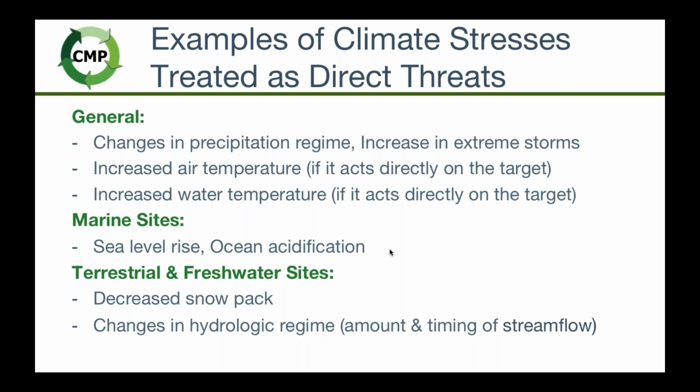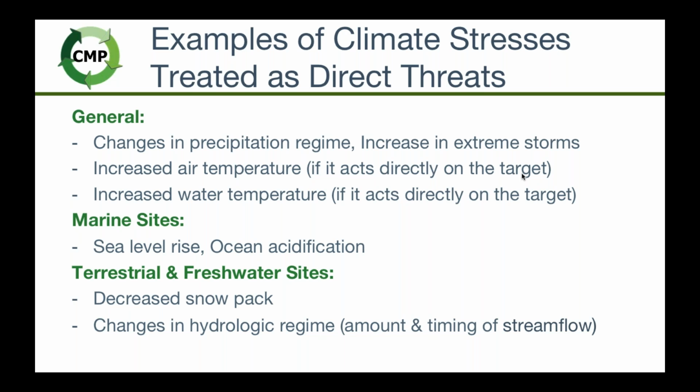But here are some examples of climate stresses that we would treat as direct threats, based on our experience to date. And of course, this may change as we get more experience: changes in precipitation regime, an increase in extreme storms, increased air temperature if it acts directly on the target. So as I mentioned earlier, increased temperature is a very common exposure factor on the very left-hand side of these chains.